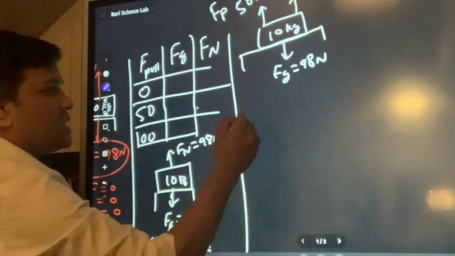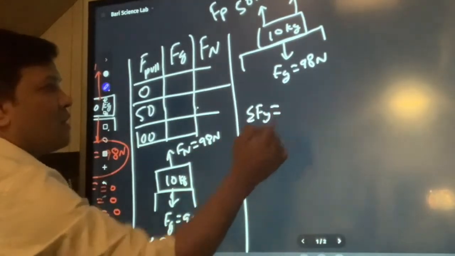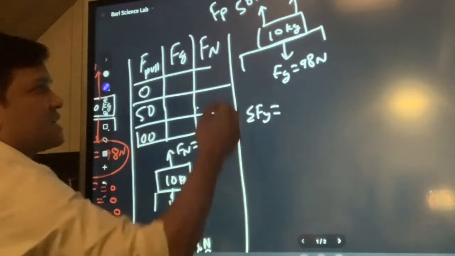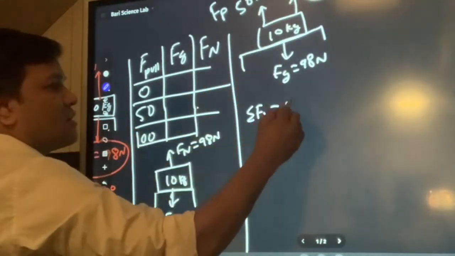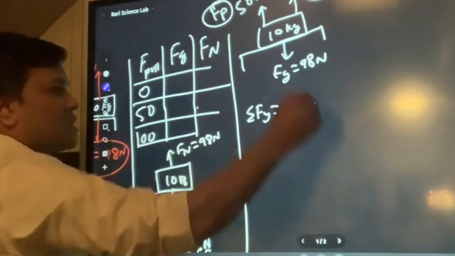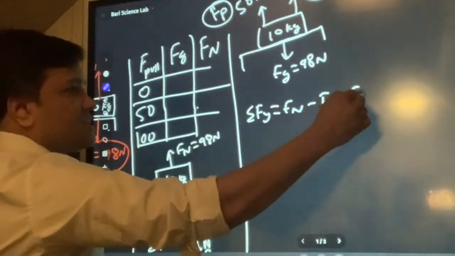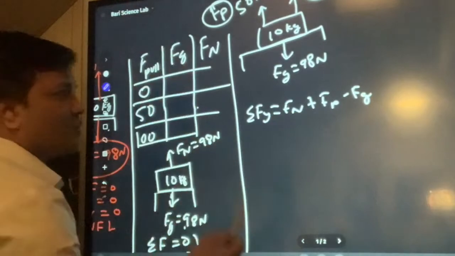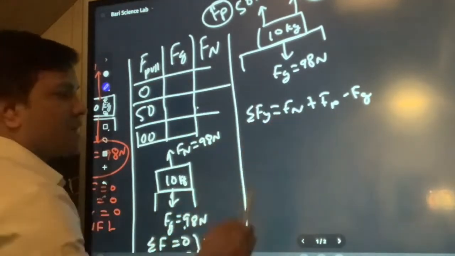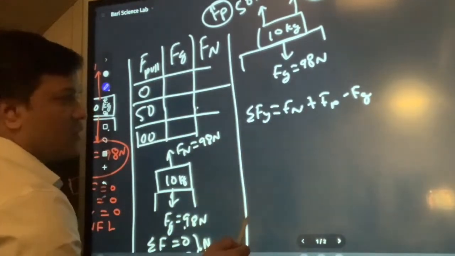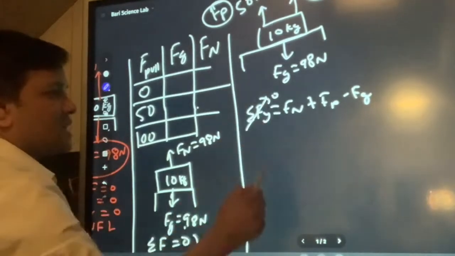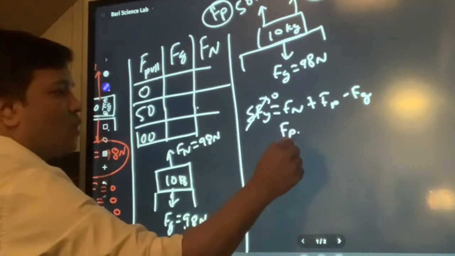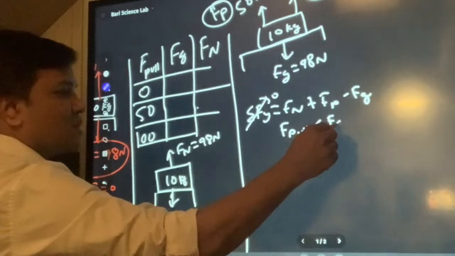How did I do that? I write Fy, all the forces acting in the y direction, including Fn, Fp, and Fg. Fp is positive, Fn is positive, they are pulling forces, and Fg is negative because it is downward. Fy is 0, once again, because F pull is still smaller than Fg.